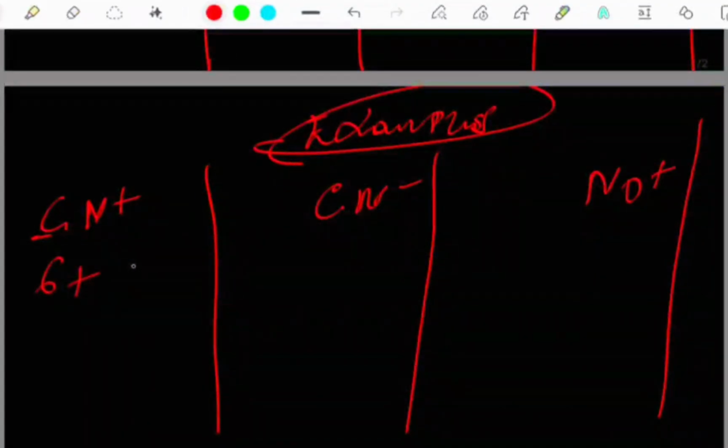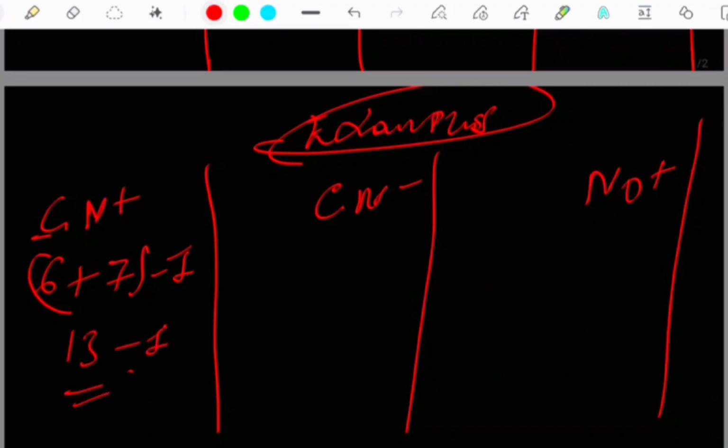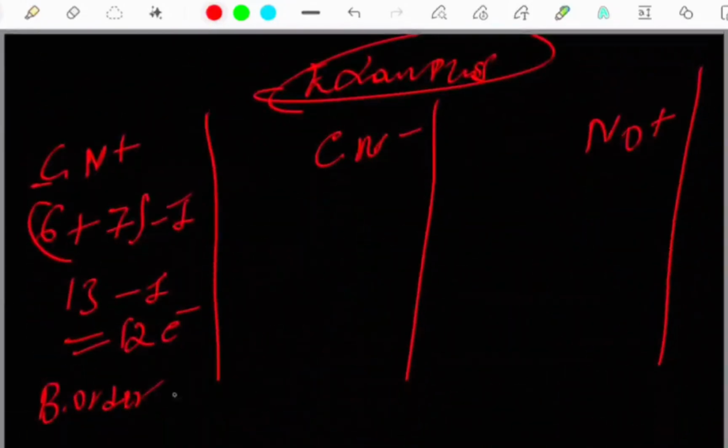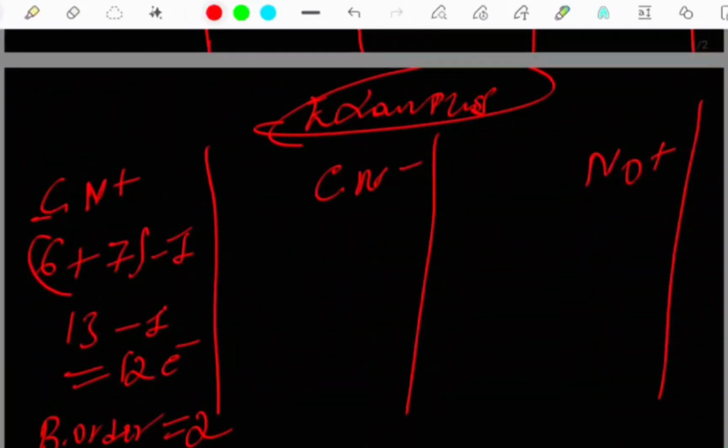Nitrogen is how much? It is 7. So we have a plus here. Plus means losing electrons. So 13 minus 1 is equal to 12 electrons. So what is the bond order of 12? The bond order of 12 is equal to 2.